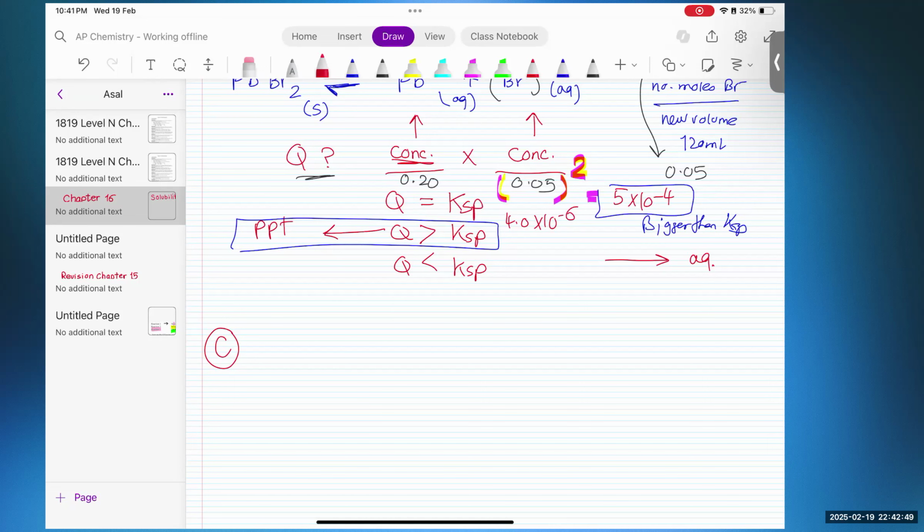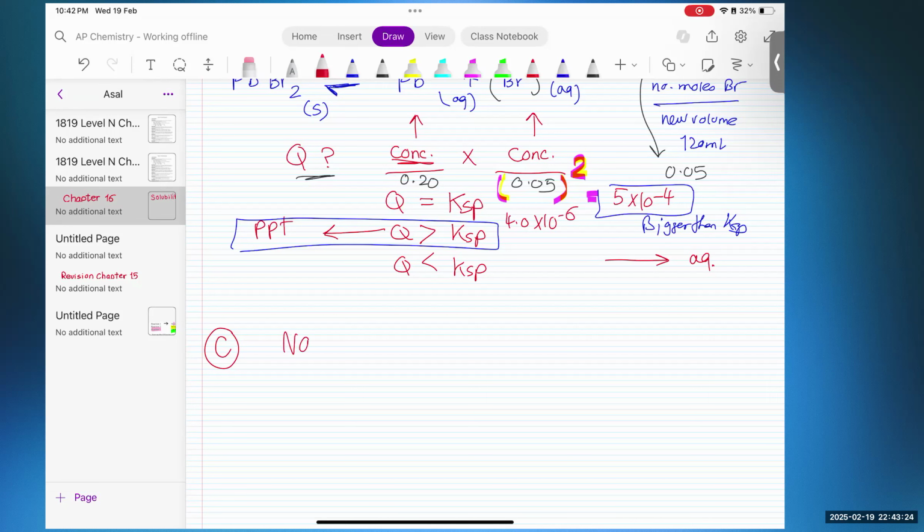Is this related to the previous part? It's not related. No, he added sodium bromide to the same solution.